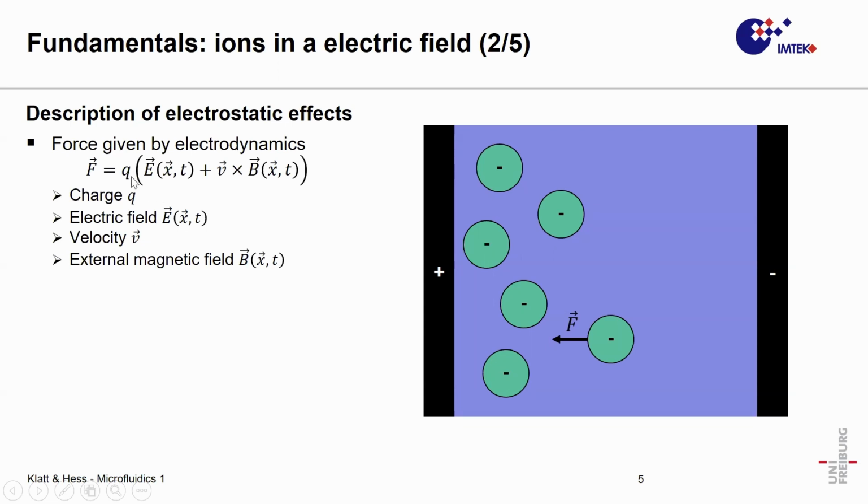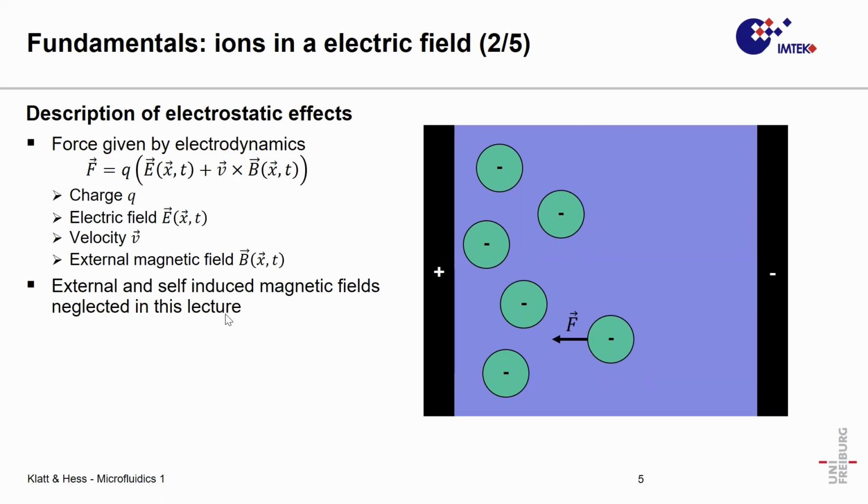So it consists of the charge of the particle Q multiplied with the electric field E plus the velocity as cross product with the external magnetic field B. To make our lecture not too complicated, we will neglect in this lecture external and self-induced magnetic fields, meaning that the second part of the upper equation here will always be 0 for our analysis.